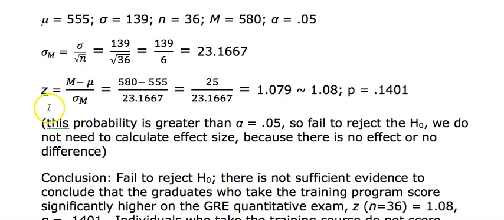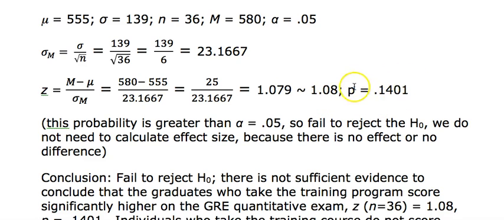So z is equal to sample mean minus mu divided by standard error, because we're dealing with samples, okay? So it's 580 minus 555 divided by 23.1667. That's 25 divided by 23.1667, which gives us a z-score of 1.079, which is approximately 1.08.